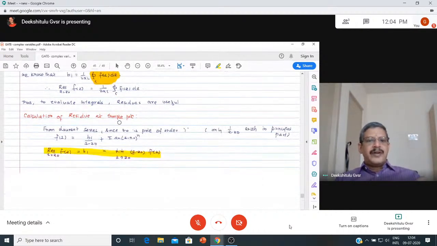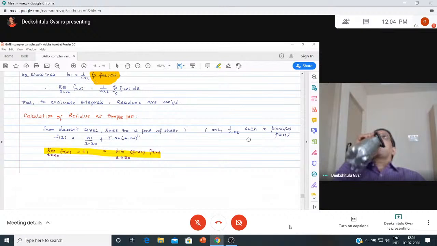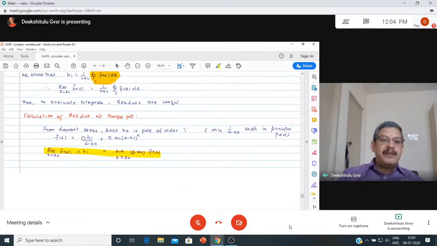Calculation of residue at a simple pole: from the Laurent series expansion, z0 is a simple pole of order 1. So only 1/(z - z0) exists in the principal part, because it is a pole of order 1, a finite order, so we have only one term, b1/(z - z0).